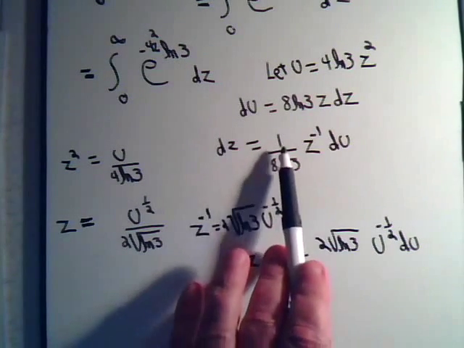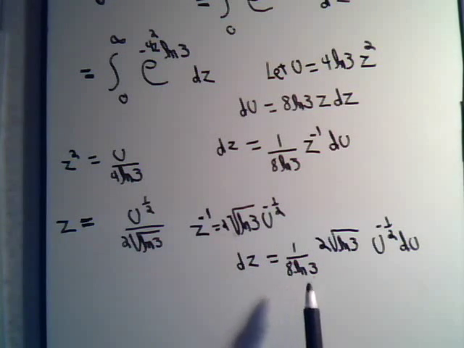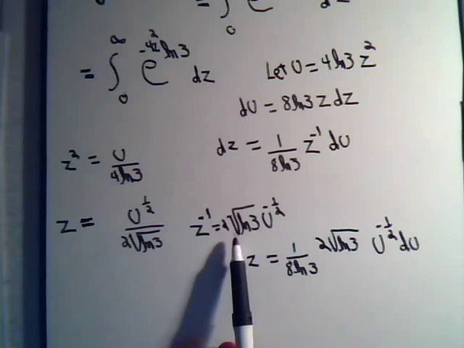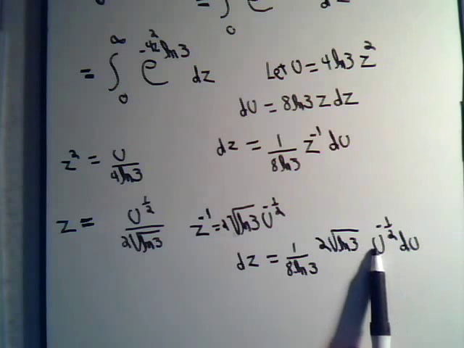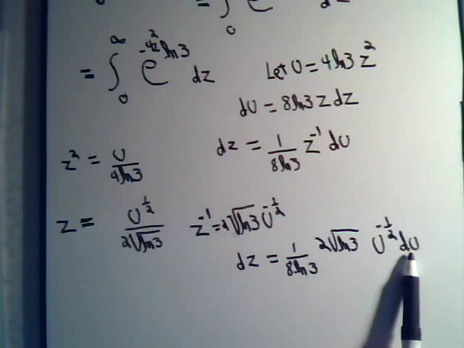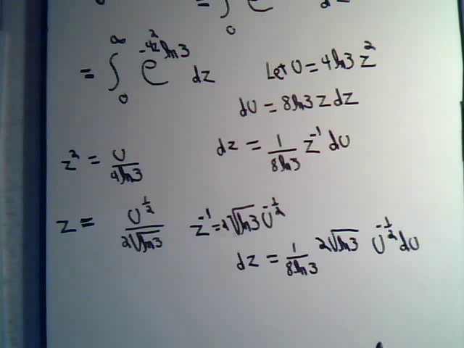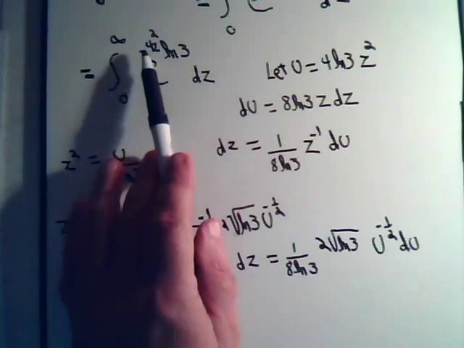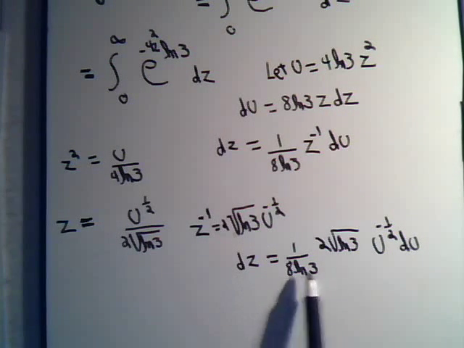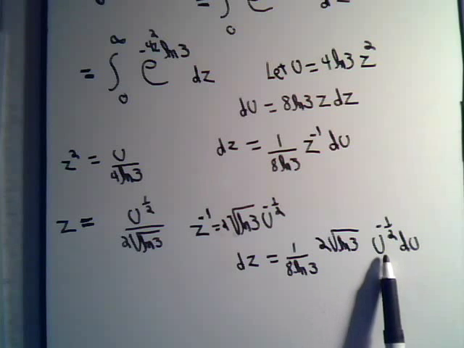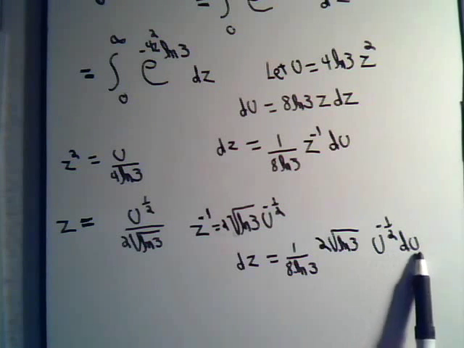Here we had dz is 1 over 8 times the natural log of 3 times z to the -1, and z to the -1 is this. So we have 2 times the square root of the natural log of 3, u to the -1/2 du. So it looks like we have all the pieces of the puzzle that we need. This is going to be e to the -u by our substitution, and now we have an expression for dz that is expressed entirely in terms of u and du.